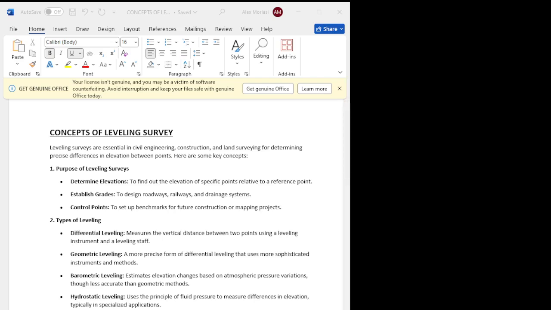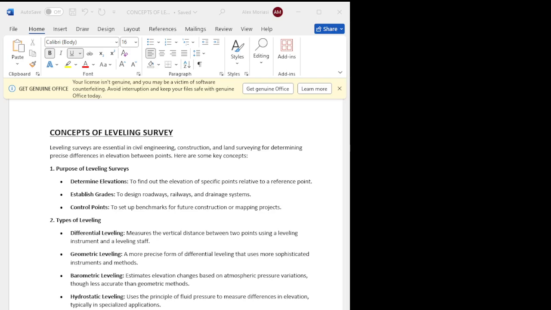If we can start with, we can look at the determination of elevations. Why do we need the survey? That's whereby we determine elevations, we establish grades and control points, and set up benchmarks for future construction and mapping. That is what we call control points.